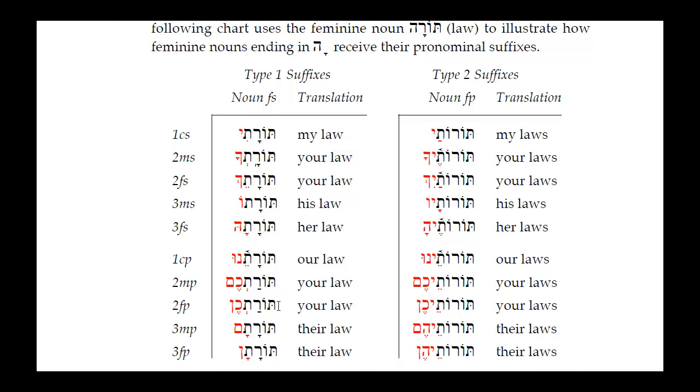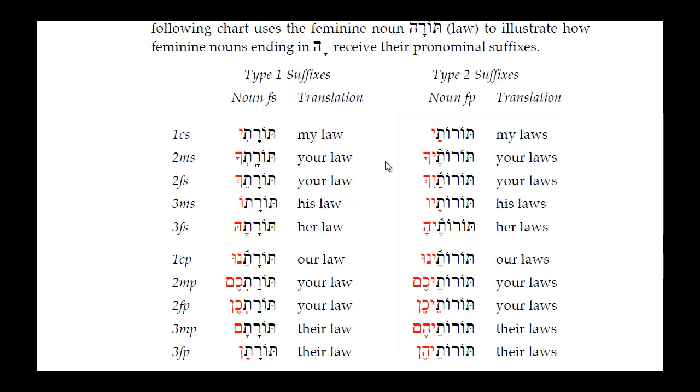And toratken, this is second feminine plural, your law. Toratam is their law, and toratan is their law, feminine plural. Okay, the noun is singular, but you have your singular possessors here, and then your plural possessors here.